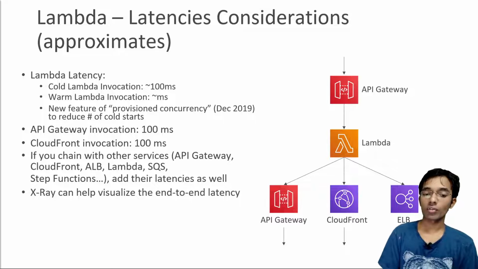Same for CloudFront. So if you start chaining stuff with other services, API Gateway, CloudFront, Application Load Balancer, Lambda, maybe an SQS, Step Functions, you need to add all the latencies of these things together. The idea is that the more you chain calls, the more latency you add.